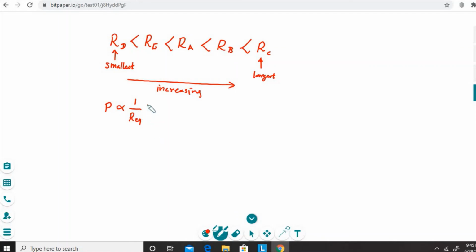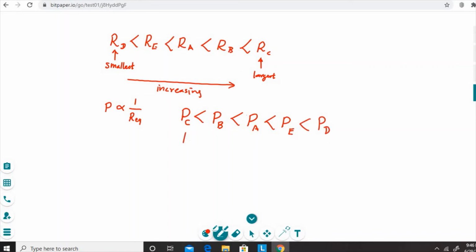So the smallest power dissipation corresponds to the largest equivalent resistance, which is circuit C. Writing the total power dissipation in increasing order for these five circuits, the smallest is for circuit C, then circuit B, then circuit A, so I need to write P_A, then P_E, and finally P_D.